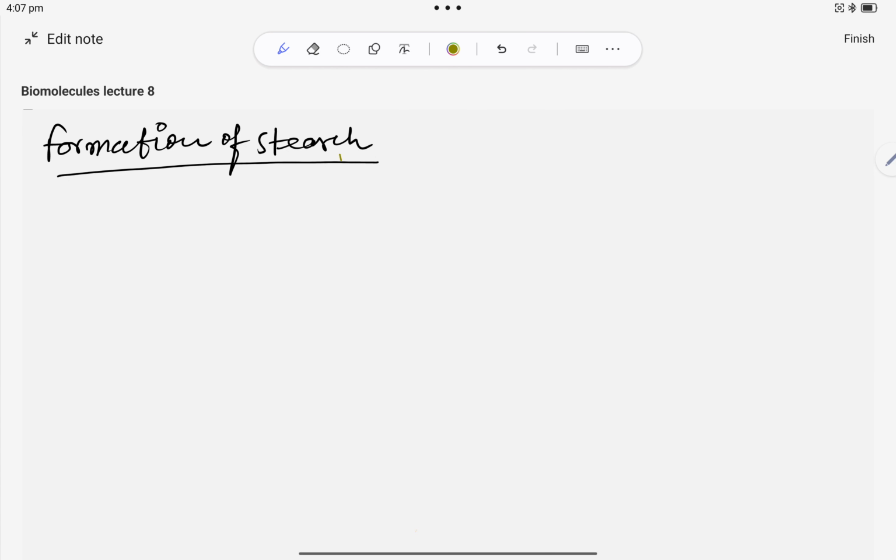So first thing, starch is a polysaccharide. It is a polysaccharide made by alpha D glucose. Starch is made by alpha D glucose, n number of alpha D glucose connected together, and they will form starch.